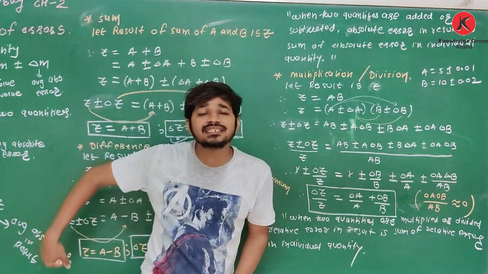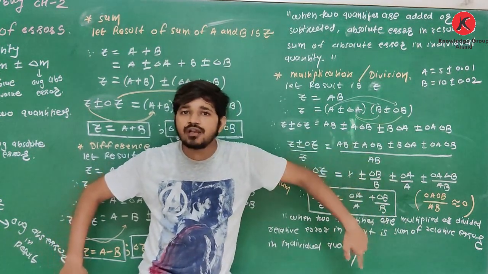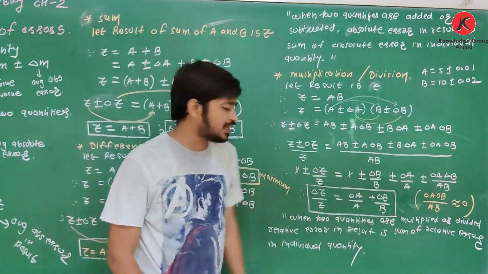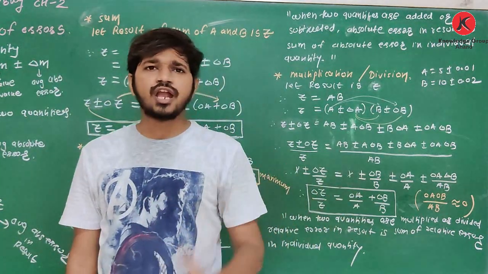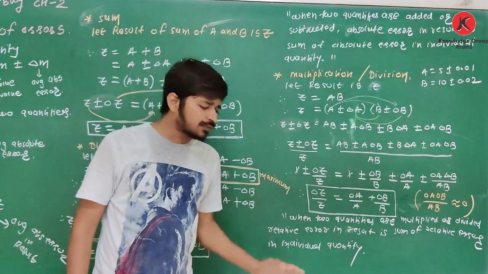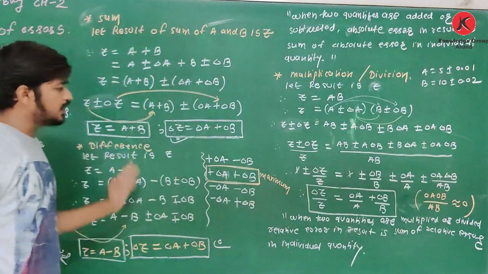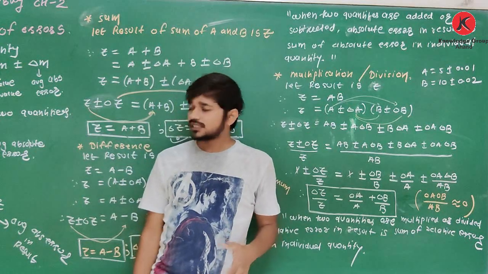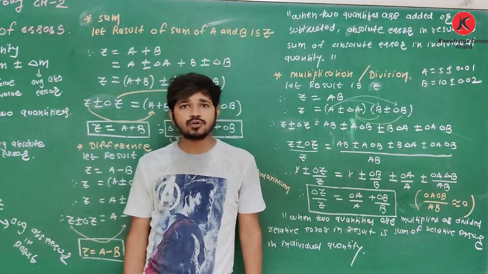In plus and minus, it is the sum of absolute errors. In this case, it is the sum of relative errors. That is the difference between them. In each and every case, errors are always added, whether plus, minus, multiplication or division. Clear about this? It is an important topic for combination of errors.